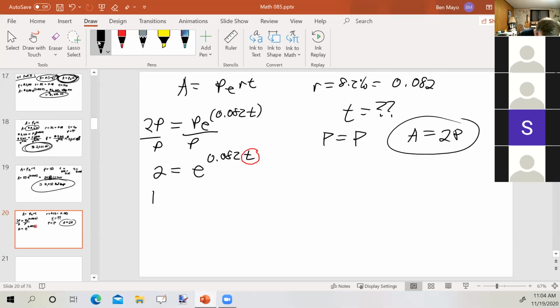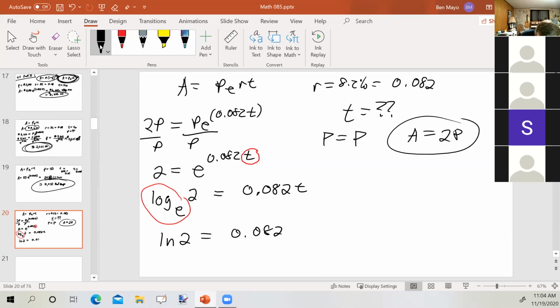So this becomes log base e of 2 equals 0.082 T. All right, let me stop right there for a moment. So that's my playing an inning of baseball, so to speak. Base is the same and the players change. But this could be written natural log of 2 equals 0.082 T. Okay?